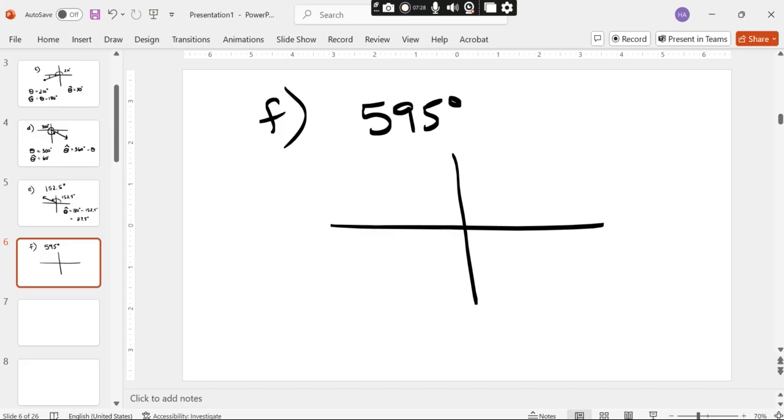So anybody, 595 degrees, I need to know the reference angle. Okay, oh, that's right. 25.